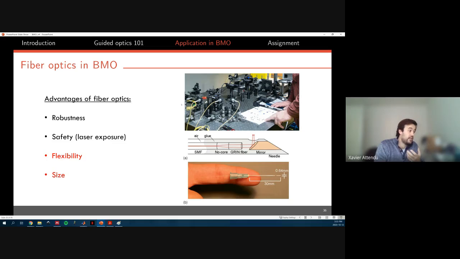And so in clinical setups, so setups that are meant to be used by doctors, fiber has a huge advantage of robustness. Another very big advantage is safety. Lasers can be quite dangerous. Having lasers in free space can be dangerous because let's say someone puts their arm in there and the laser is too powerful, well, they might burn their arm. It's not like Star Wars type lasers where it's going to cut your arm off, but it can damage your skin.